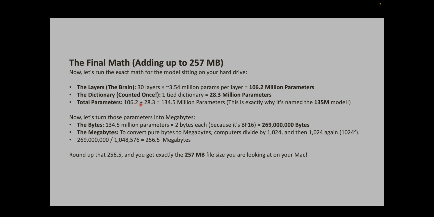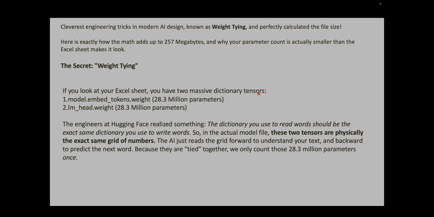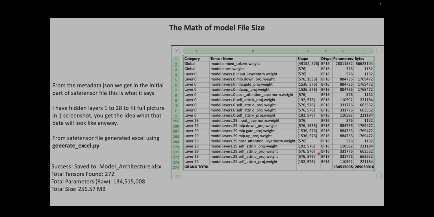All right, now the final math, just to show you. Let's run the exact math for the model sitting on your hard drive. For the layers, the brain, there are a total of 30 layers and 3.54 million parameters per layer. Where do we get that number from?